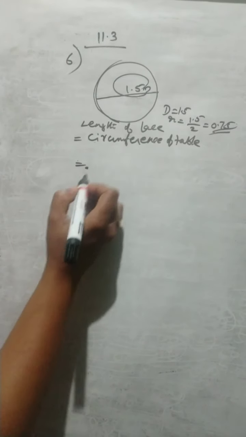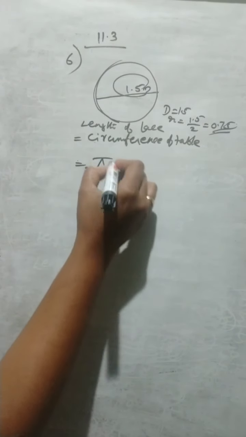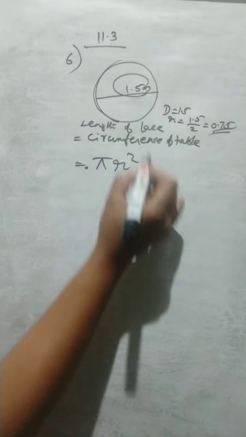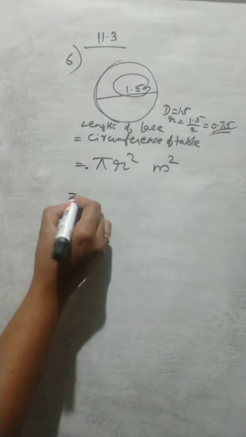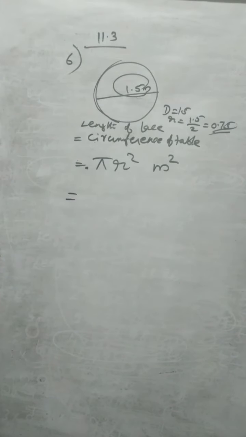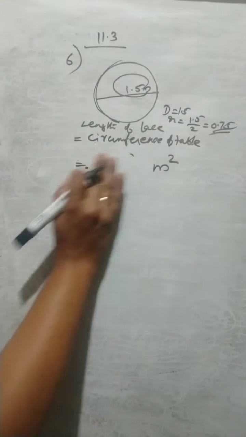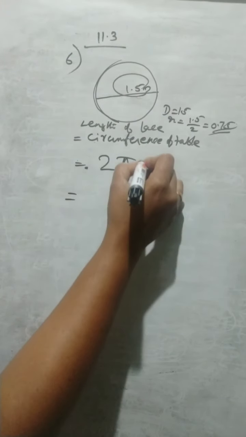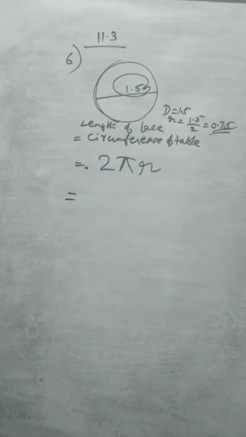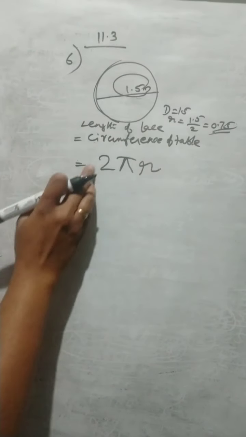So circumference of table is equal to, not pi r square, 2 pi r. Pi r square is for area. Sorry for the mistake.